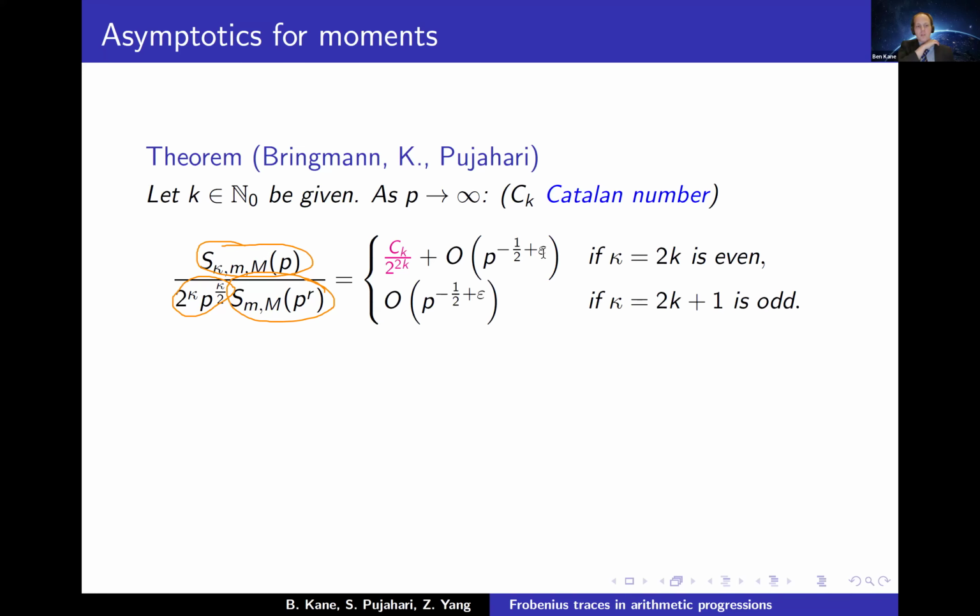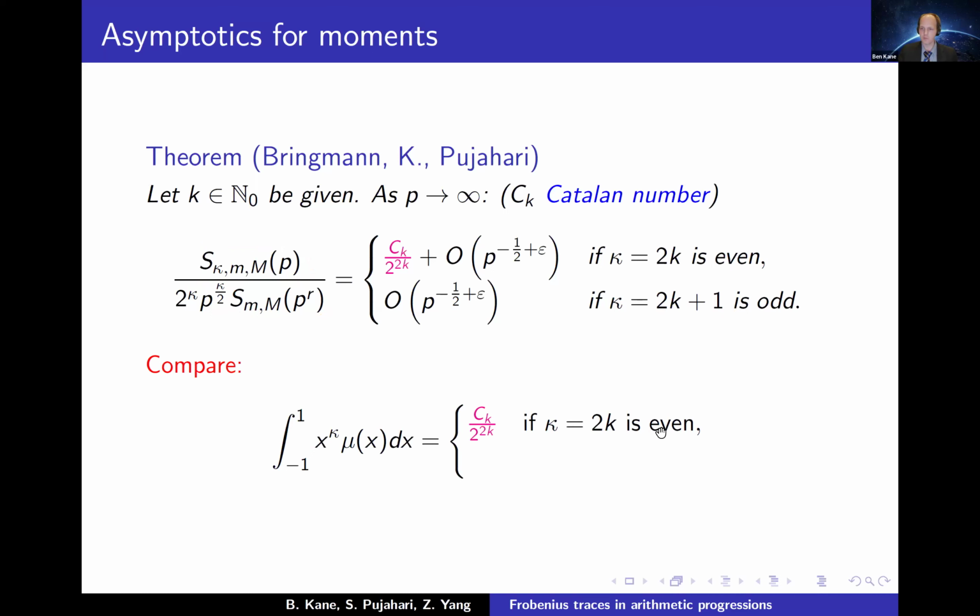And if we go for the odd kappa, then it's just the error term, of size p to the minus 1/2 plus epsilon. So as p goes to infinity, that goes to 0. To compare that, we look at the same question for the integral. And the integral, when you compute it for even moments, you get exactly that main term.